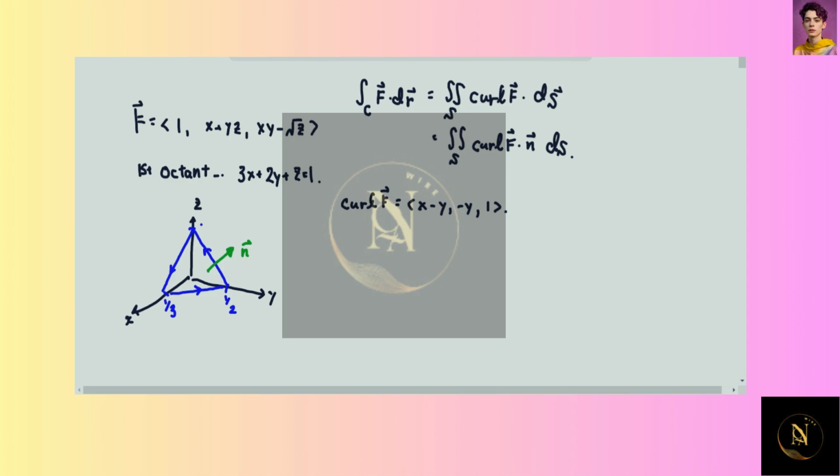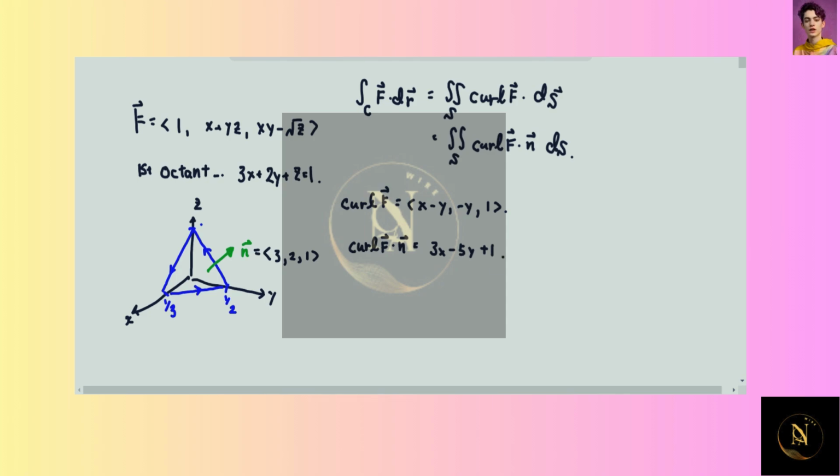I'm not going to normalize it, but we know that this is going to be parallel to 3, 2, 1. Okay, so we know that curl F dot n, the dot product, will simplify to 3x minus 5y plus 1.